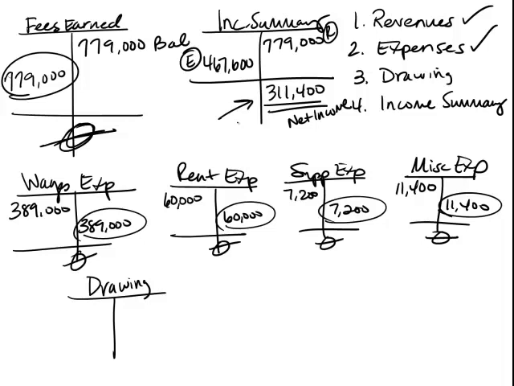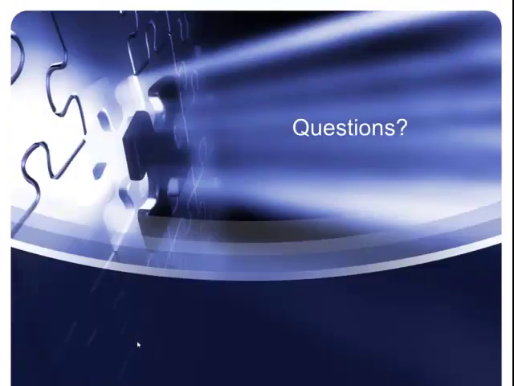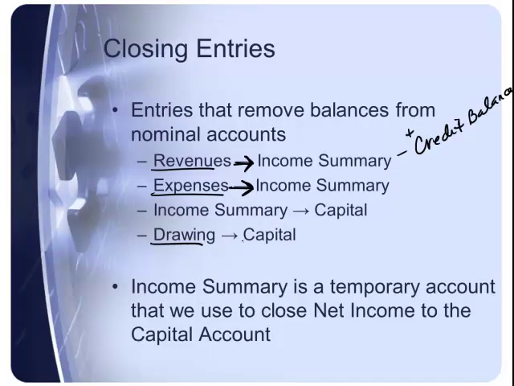Okay, it's not an asset, but it does follow the same pattern, so it's a debit. So we've got 50,000. How do we make that zero? Credit 50,000. Looking back at our rules, drawing is closed to the capital account. So we're going to credit drawing and debit capital.